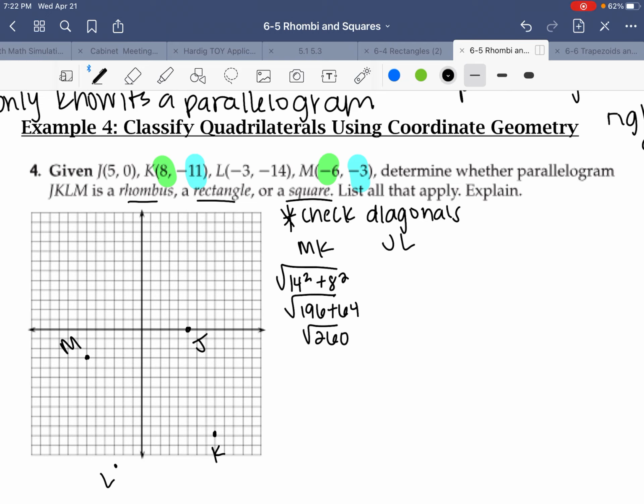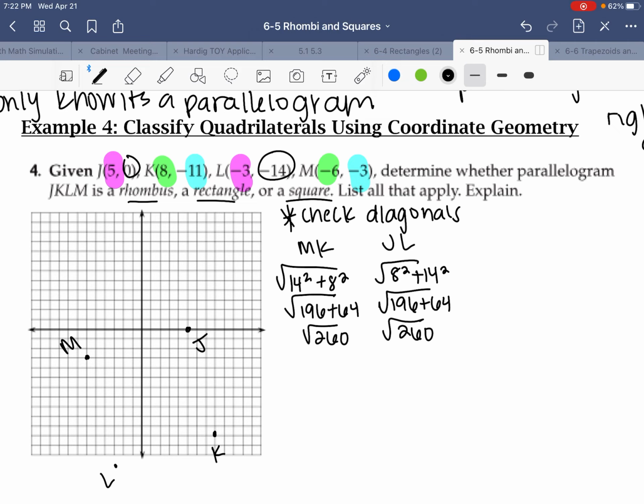And now we need to check JL. I look at the x-coordinates of JL, which are 5 and -3. Those are 8 apart. And the y-coordinates of J and L are 0 and -14, so those are 14 apart. So we're still going to get 196 plus 64, which gives us 260, or the square root of 260.